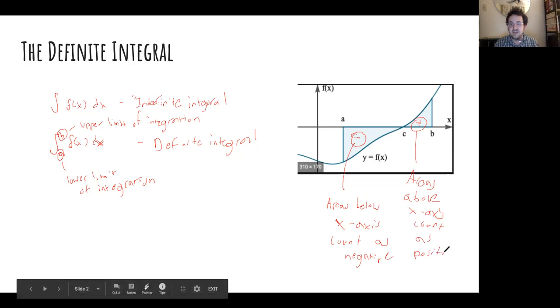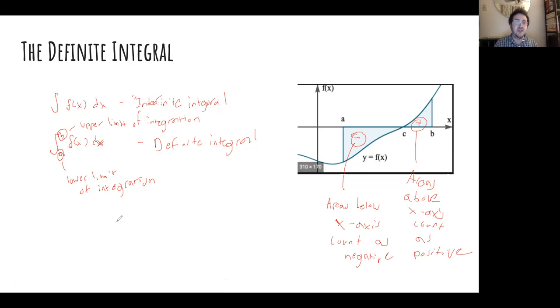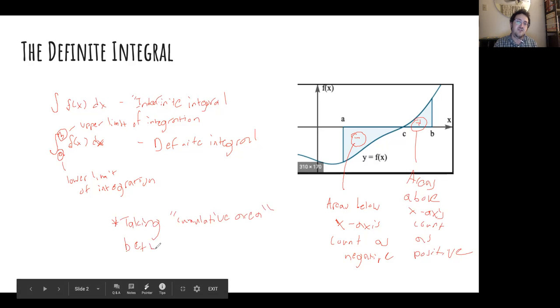Geometrically speaking, we are taking the area between the curve and the x-axis, the cumulative area between curve and x-axis.